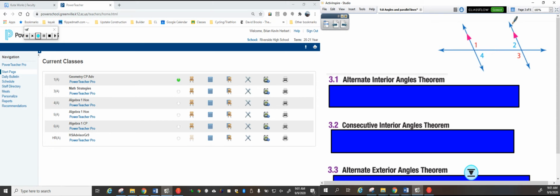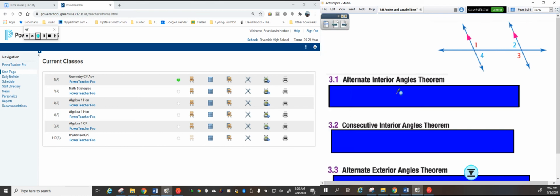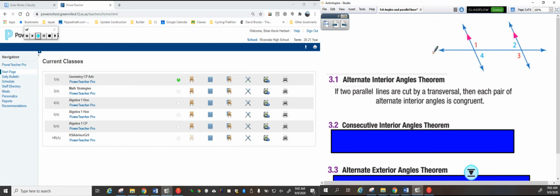angles. So if I have two parallel lines, I have an interior region and I have an exterior region. All right, this is my interior region. My alternate interior angles: if I have two parallel lines that are cut by a transversal, then on the interior, if they alternate the transversal, those two angles are congruent.